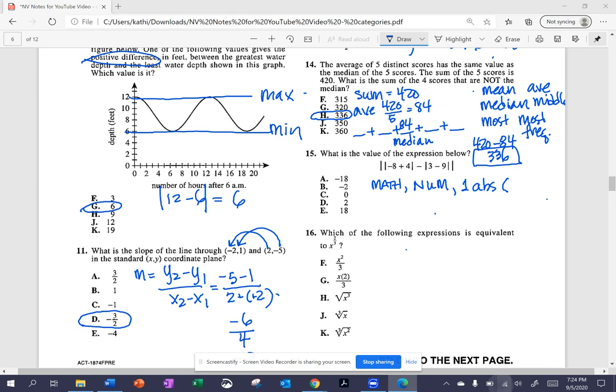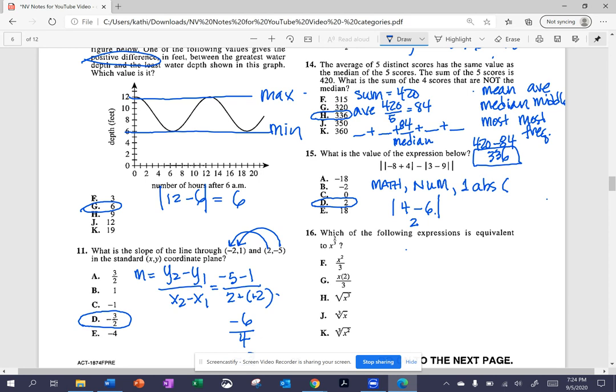If I solved it just in my head, which I think is possible, negative 8 plus 4, the absolute value of that is 4. And 3 minus 9, the absolute value of that is 6. So the absolute value of 4 minus 6 is 2. So you can do it. Some of these are really quick that I don't necessarily need my calculator.